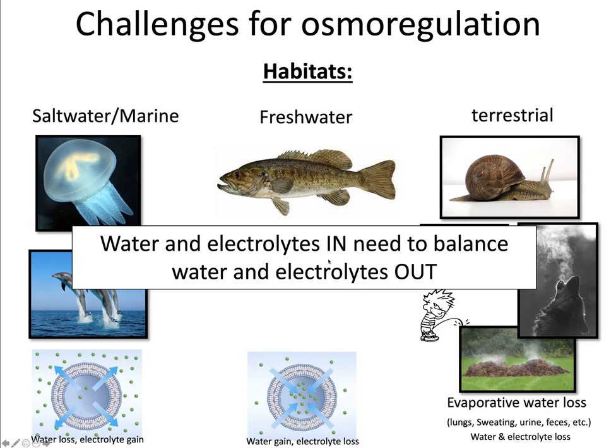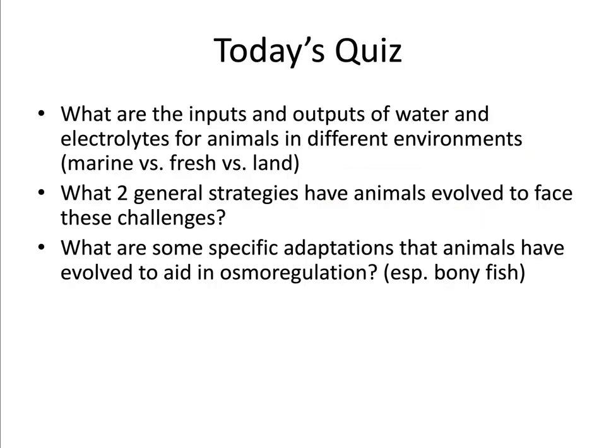So if you're osmoregulating, you need to balance the water and electrolytes you lose with the water and electrolytes you gain. And what we're going to do in today's quiz that's linked with this lecture is figure out three major things. These are the major three objectives you should be learning by the time you finish today's quiz.